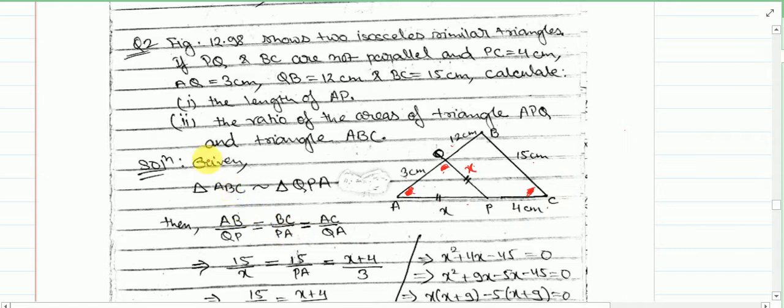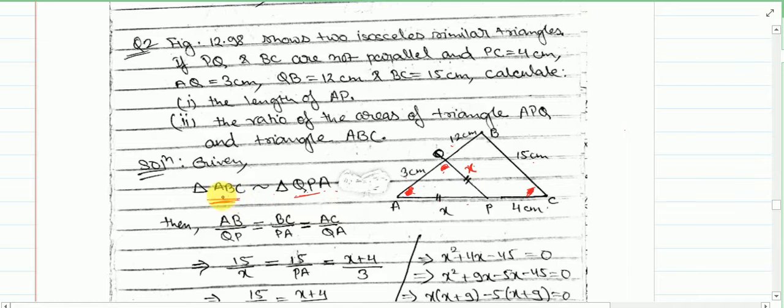See over here, given triangle ABC is similar to triangle QPA. Sometimes whenever they have mentioned beforehand that those two triangles are already similar, then when you read the triangle, the order in which letters are mentioned, from there only you can make out which sides are proportional.